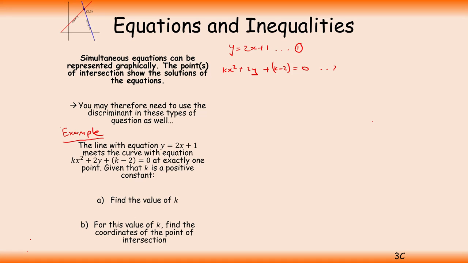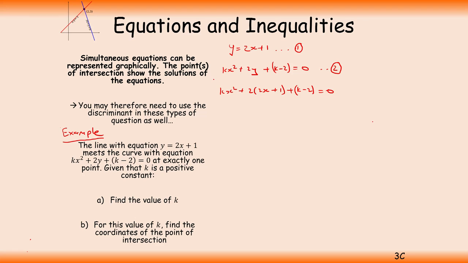Second equation. In order to solve that, I'm going to get rid of the y because I've got x and y. Can't solve with two variables. Easy to sub the y into this equation here. So I've got kx squared plus 2 times 2x plus 1 plus k minus 2 is equal to 0.